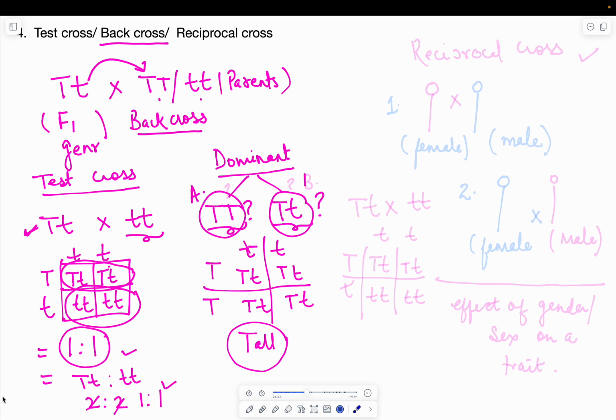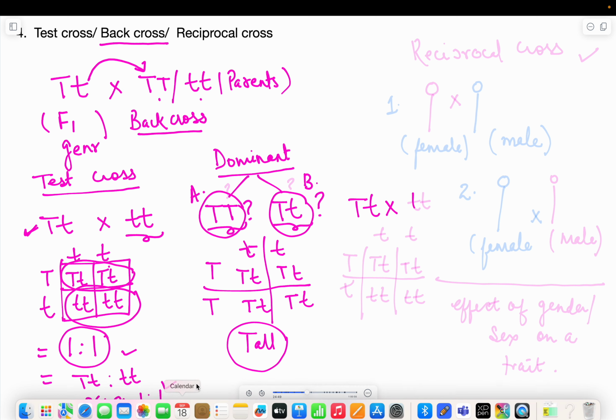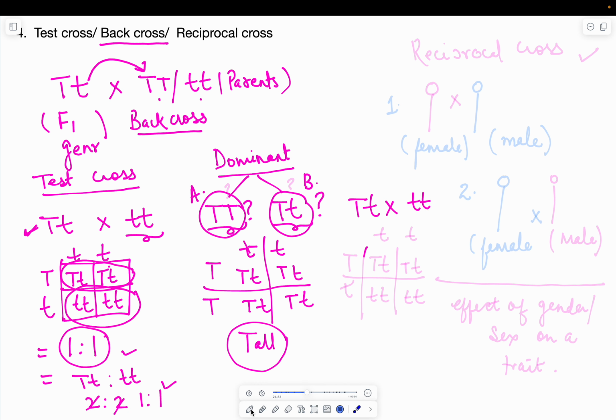And in case B, if you cross the plant with the recessive parent, the possibility is you'll get tall plants as well as dwarf plants. So on the basis of this, you can decipher the genotype of these individuals.